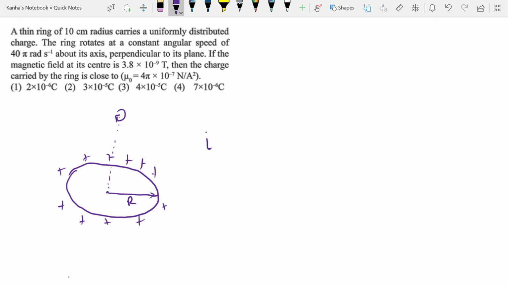Now we can easily say that the current due to the motion is given by what? It's charge times the frequency, which is nothing but charge by time period, which is nothing but charge times omega by 2 pi.